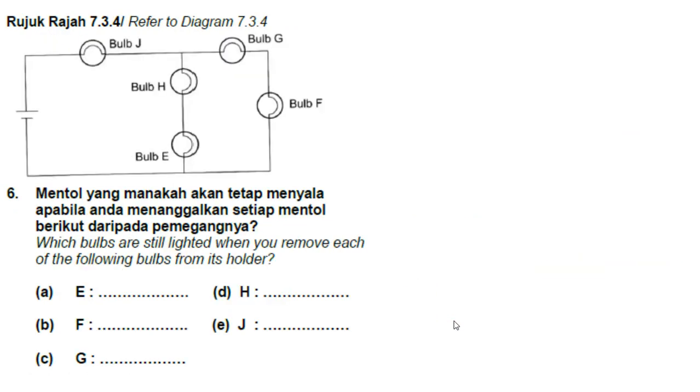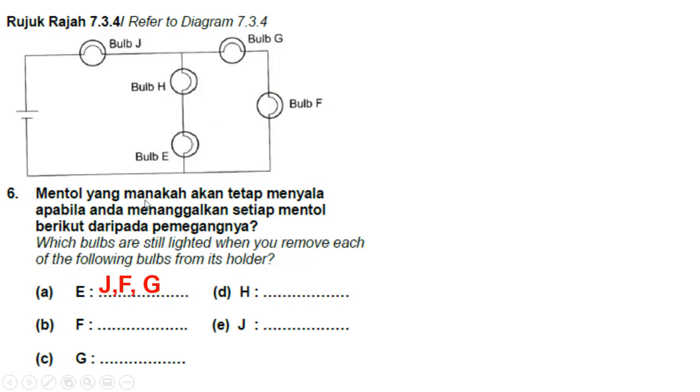We have now another circuit with 5 bulbs. What happens if bulb E is removed? Current can still flow from the battery to bulb J and go to the other bulbs, so J, F, G will light up.